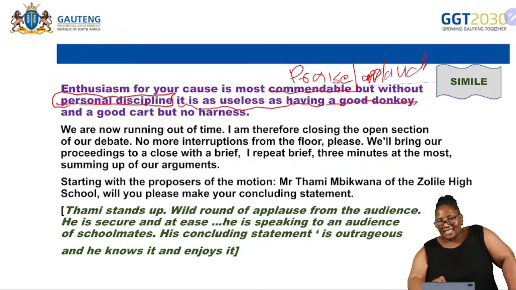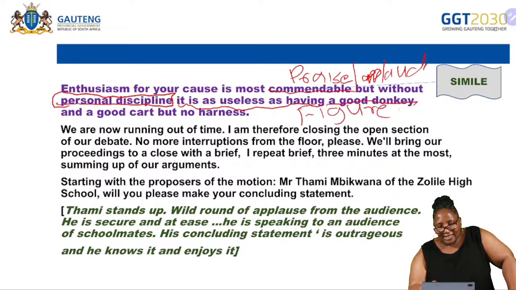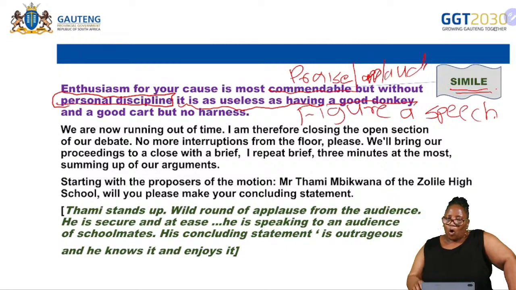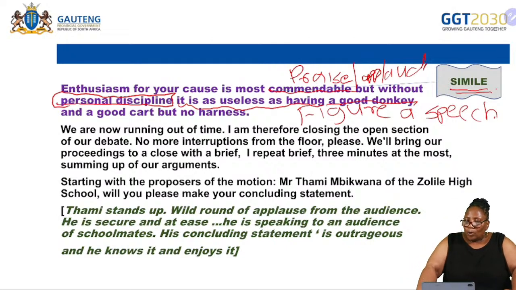So this is a figure of speech. We identify a figure of speech here. And what is that figure of speech? It's a simile. Enthusiasm for the cause is being compared to a donkey and a good cart that is without a harness. So that's a lack of discipline.